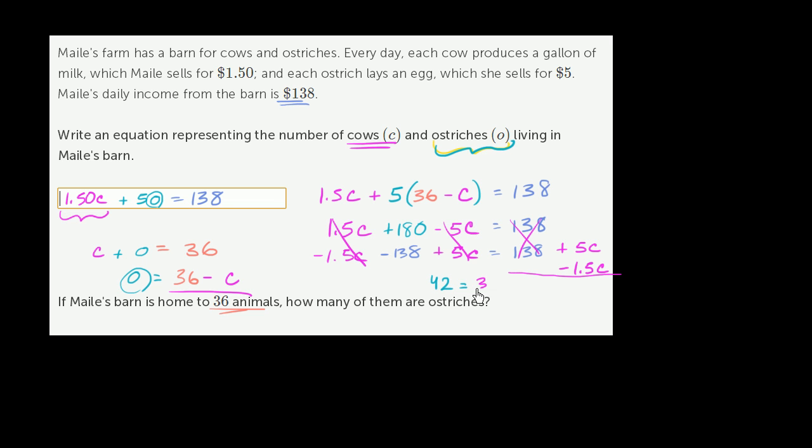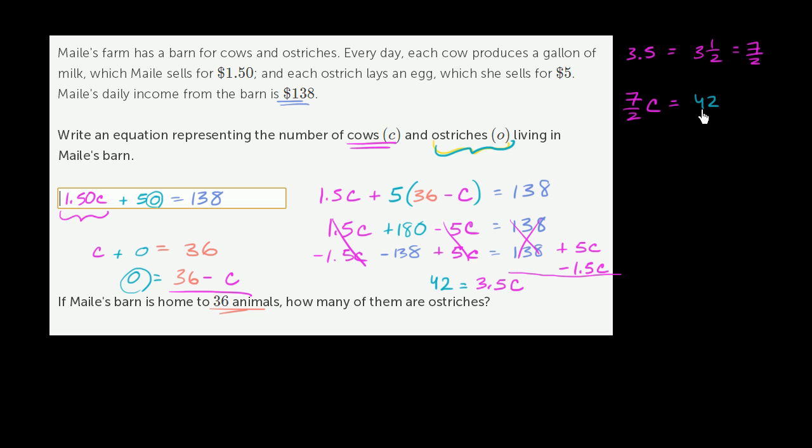It's equal to 3.5C. Let's see, 3.5 is the same thing as 3 1/2, which is the same thing as 7 over 2. So let's rewrite it that way. 7 halves times C is equal to 42.